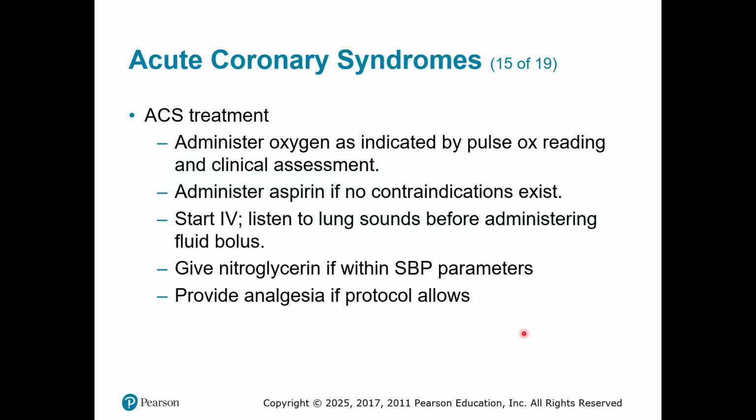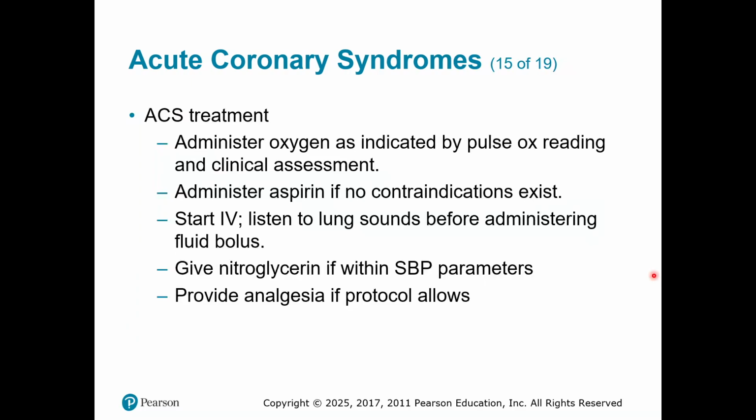Let's give them some nitroglycerin as long as their systolic blood pressure is over 90. Right? Let's give them the nitro. If you have a patient with an inferior MI, make sure they have a decent blood pressure and a decent pulse rate.